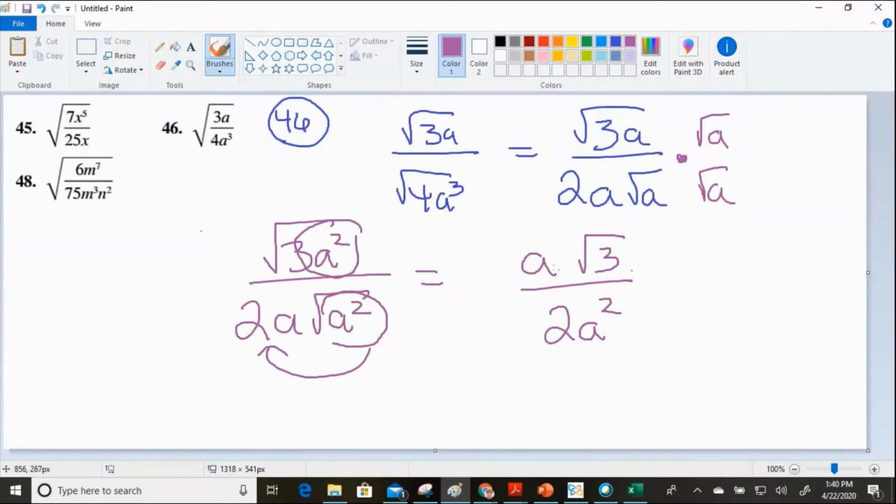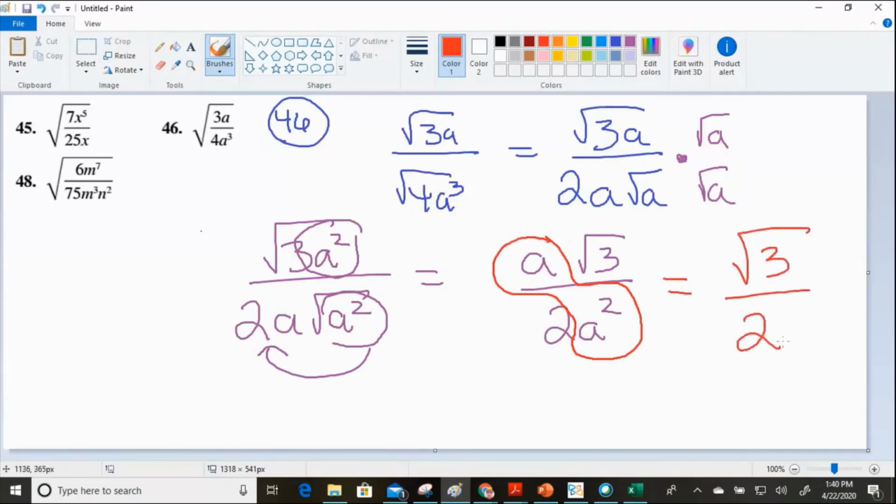But you can see here that you do have some simplification that you can do with these a's. So if you remember your exponent rule, this final answer would be radical 3 over 2a.